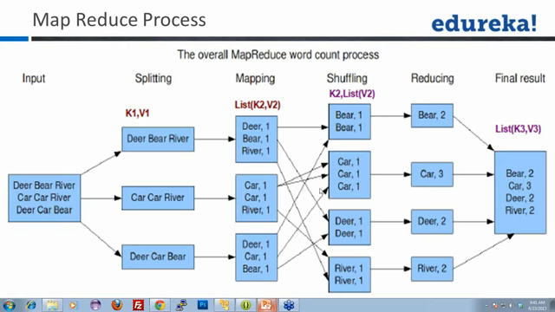MapReduce consists of two parts largely: the mapping part and the reducing part. And what we wanted to do in this particular thing was understand, in this huge data, how many occurrences of bear, car, deer and river happen. Now you can correlate this with the other thing I told you, how many times a particular IP address came on a server log.